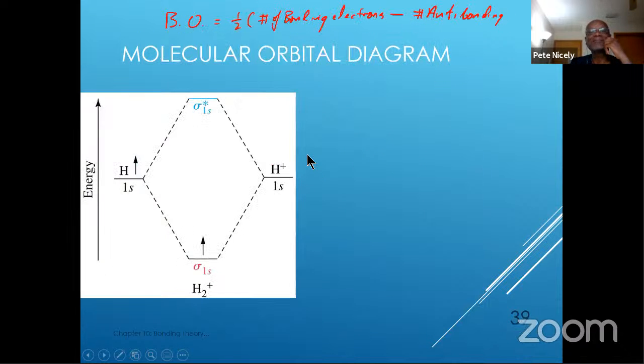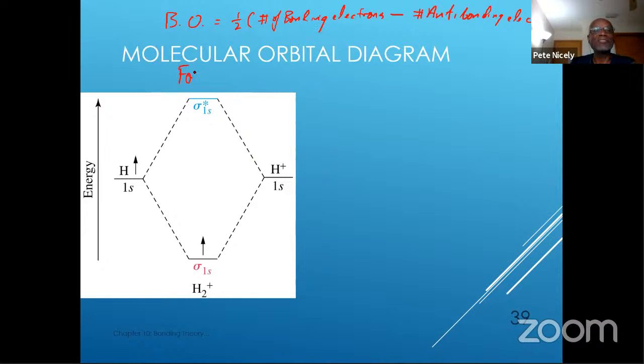Okay, so I was saying here that to calculate the bond order, remember the bond order is basically the multiplicity of the bonds, double, triple, single. That can be calculated based on this diagram. It is equal to half the number of bonding electrons minus the number of anti-bonding electrons.